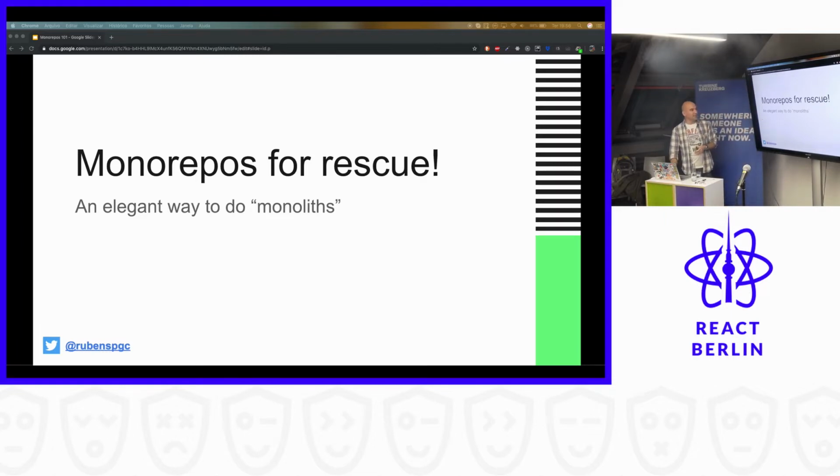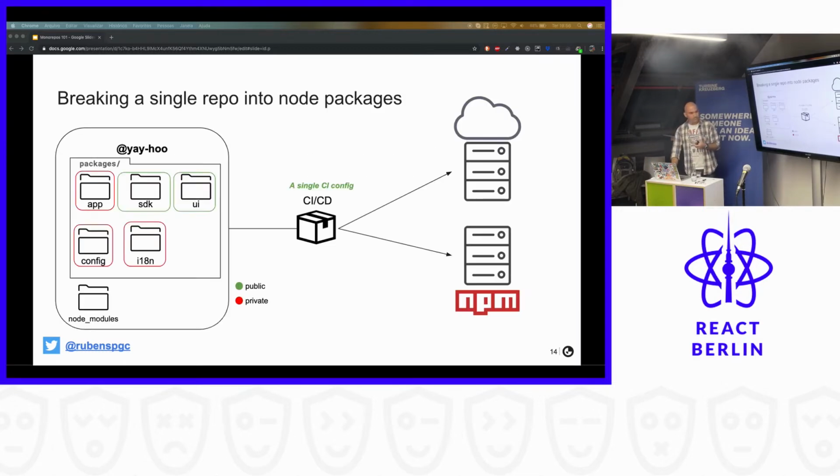Monoliths, basically, are something that we do in the front end today. It's not wrong, and it's not bad to do monoliths. If you do them right, it's totally okay. But monorepos are a more elegant way to split your code into domains and even share parts of your application.